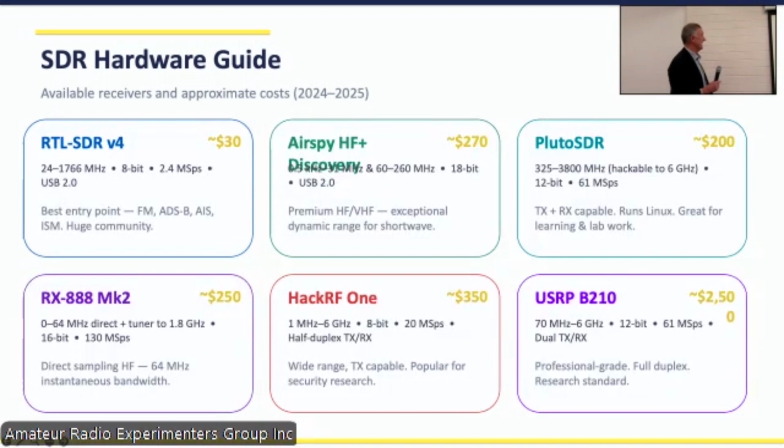It came out in approximately 2008, 2010, somewhere around there. I should have put the date up here. But because it was a $30 device that when hacked and reconfigured in another way can receive from 24 megs up to 1.7 gigs. In fact, it can also go down to about 1 meg.